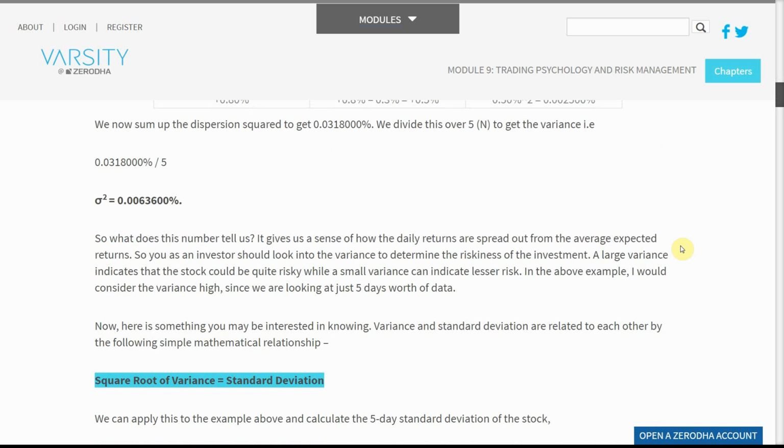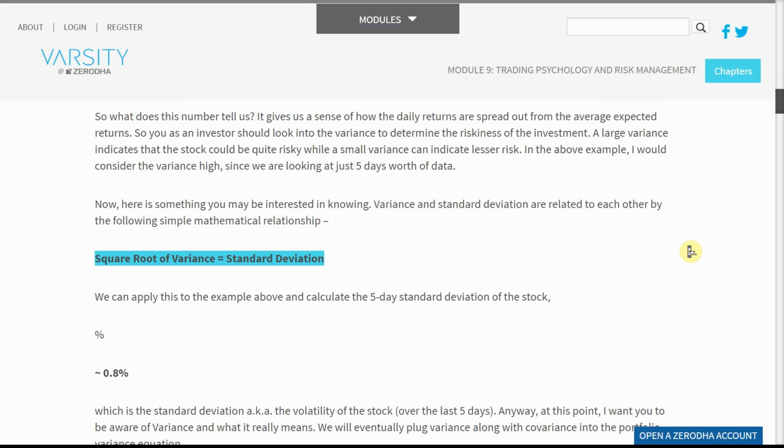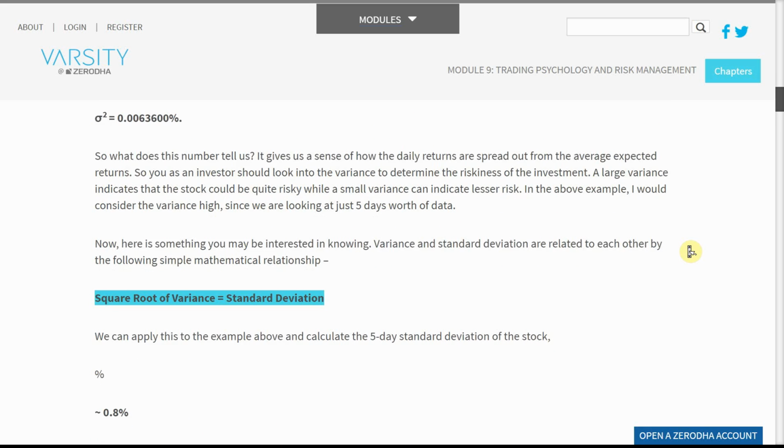We now sum up the dispersion squared to get 0.031800%. We divide this by 5 to get the variance, i.e. 0.031800% divided by 5. Sigma squared equals 0.006360%. So what does this number tell us?